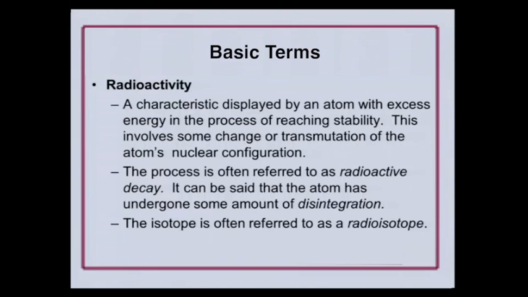That transmutation can really be seen as a disintegration, a breaking down, an attempt to reach that stable state. As such, we can say measurement of radioactivity is the number of disintegrations that are occurring. Anything that is unstable, an isotope that lacks stability and is undergoing decay, can be referred to as a radioisotope. It's a radioactive isotope, a combination of two words.